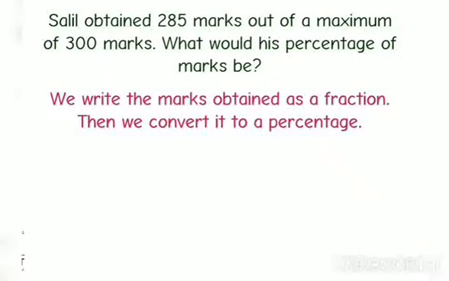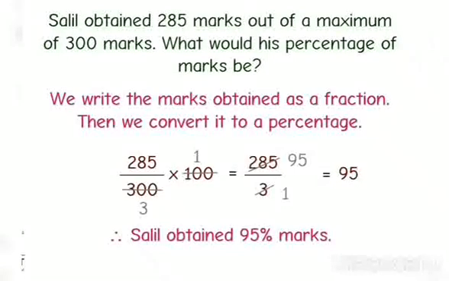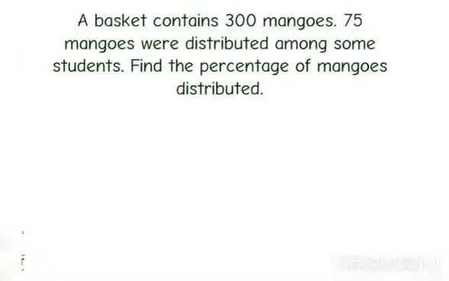First we write the marks obtained as a fraction, then we convert into a percentage. So we write 285 upon 300 into 100, and after cancellation you will get 285 upon 3. Again after cancellation you will get 95. Therefore Salil obtained 95% marks.